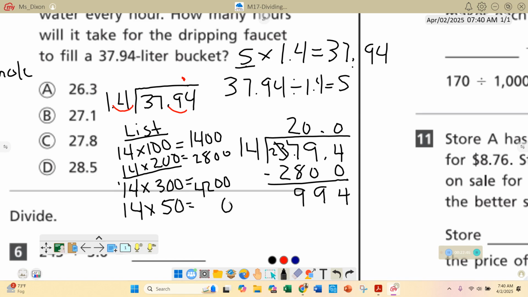All right, we need 1 0. 4 times 5 is 20. Regroup that too. 5 times 1 is 5 plus 2 is 7. 700 is good. So let's take out 50. Don't forget to bring your decimal up.